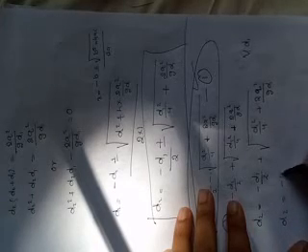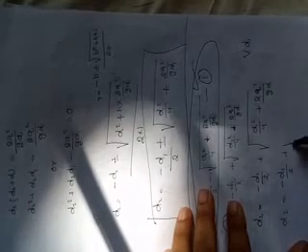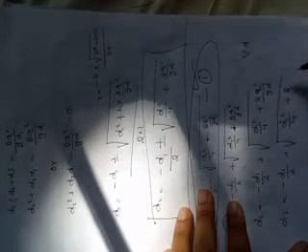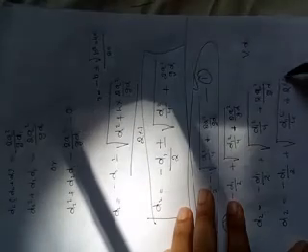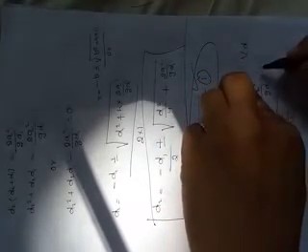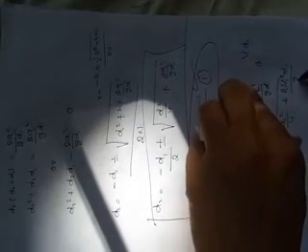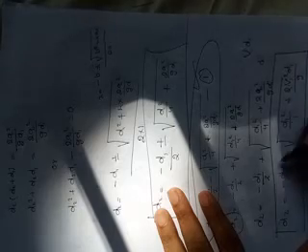So d2 is equal to minus d1 divided by 2 plus root over d1 square divided by 4 plus 2 into v1 square into d1 square, where d1 square cancels out, so it is d1 divided by g. So you got the depth. If you know the depth at section 1 and the velocity, you can find the depth after the jump.